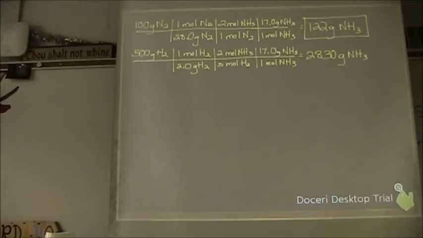Absolutely. What she's saying is that 122 grams of ammonia, that is the amount of product that will be made. I know that. So I could start there and convert that back to grams of H2. See how much hydrogen was consumed.